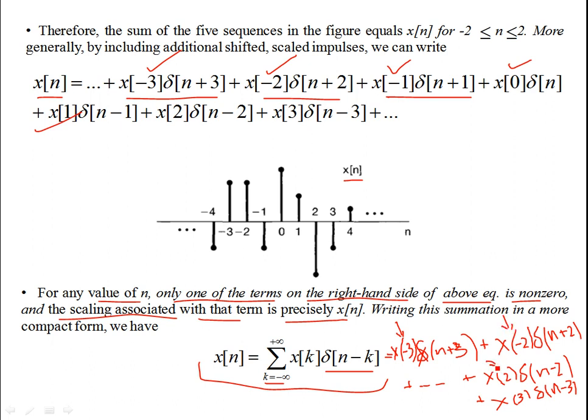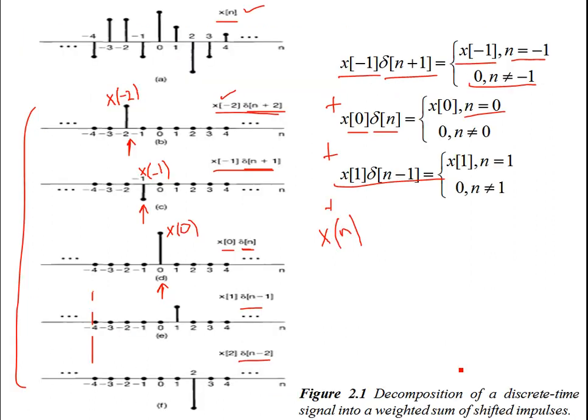But in order to define those samples, you have to write that in terms of the shifted impulses. So for a sample at x0, this is x0 delta of n. The sample at any n can be written as x of k delta of n minus k, where k can be a positive or a negative integer.